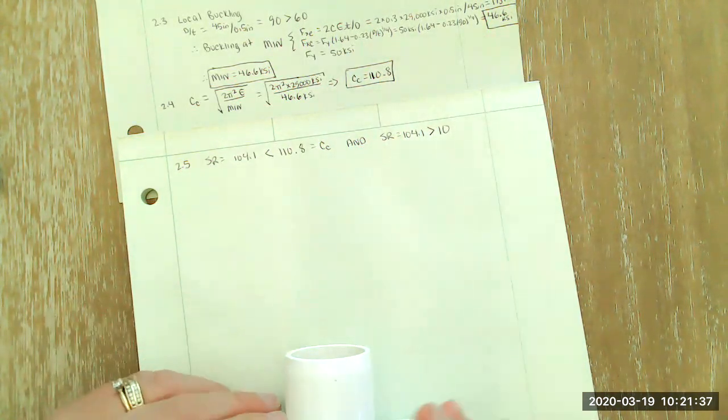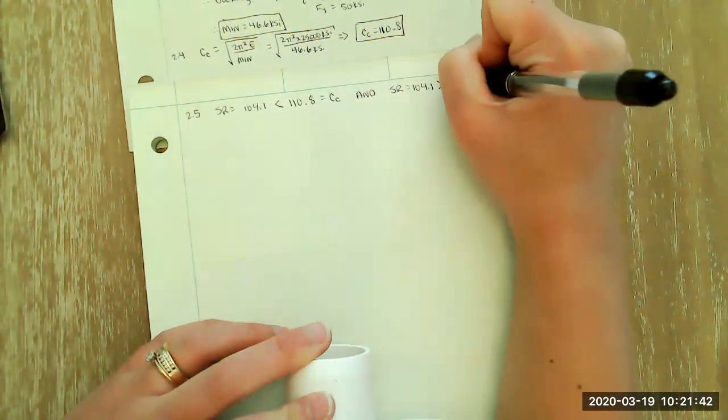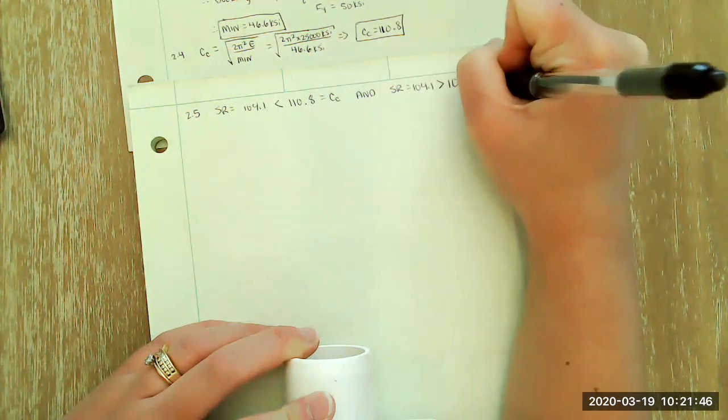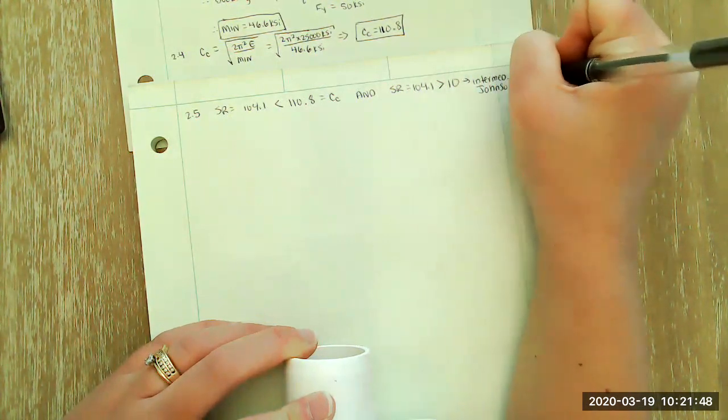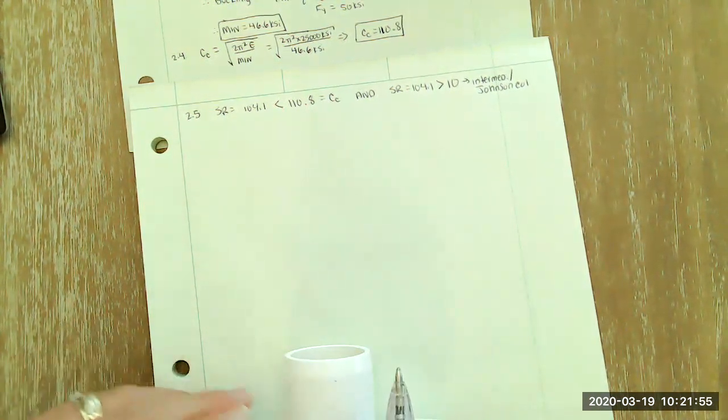So if we go back and look at our criteria, this classifies as an intermediate or Johnson column.